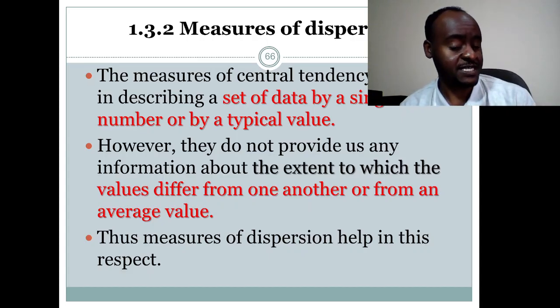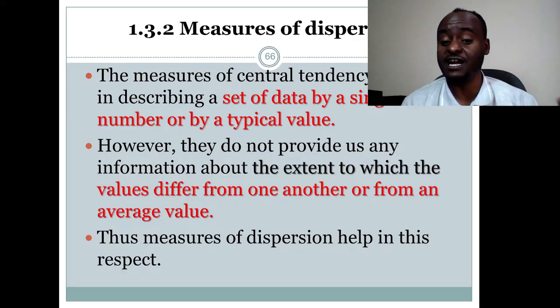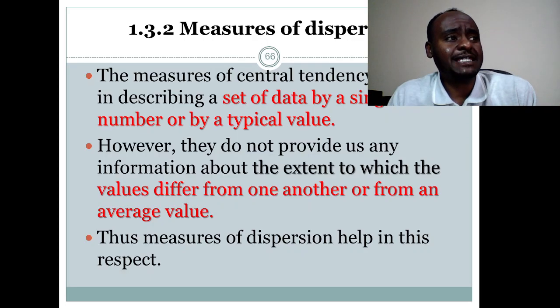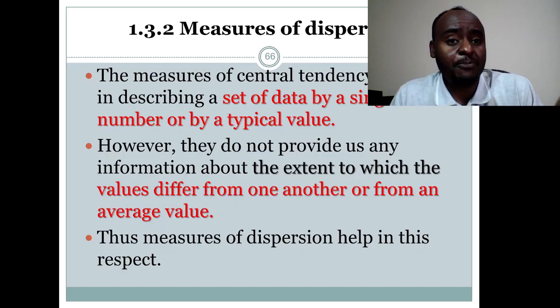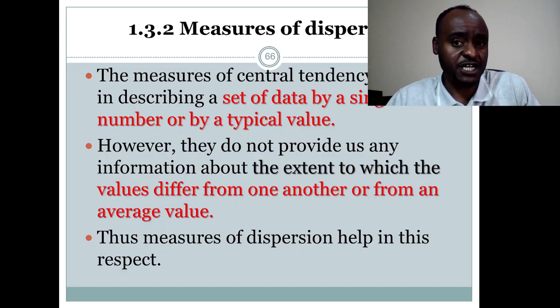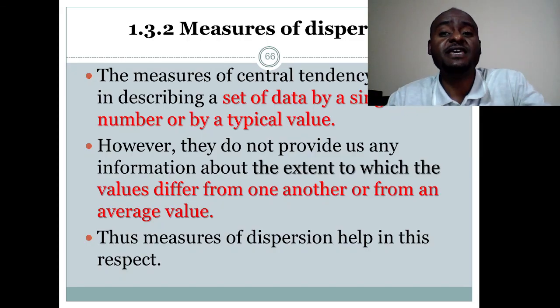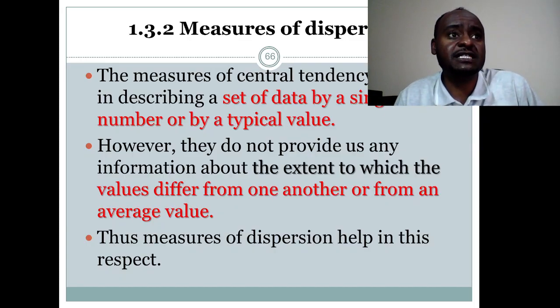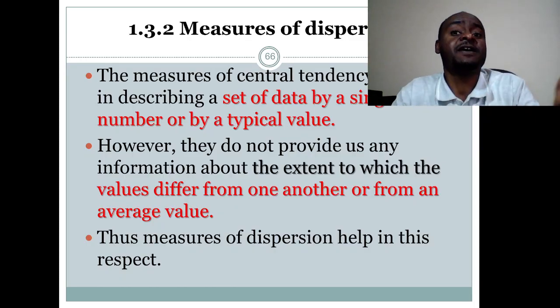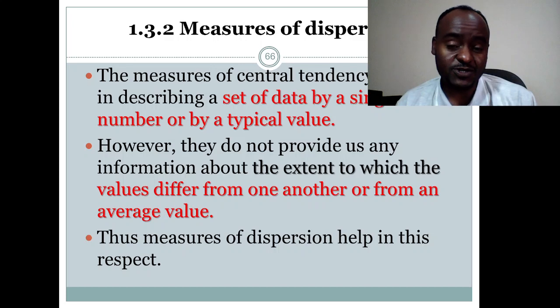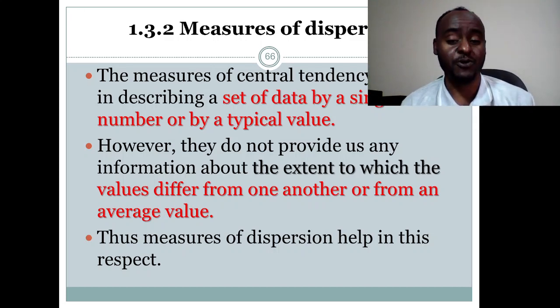Under the measure of central tendency or relative location, we don't know to what extent given data points differ from each other or are far from each other, or the extent to which they differ from the mean. We don't know the distance between a given data point and the mean. Right? So that means we don't know the spread, we don't know the variation of our data points.